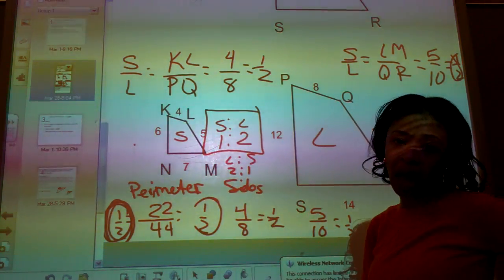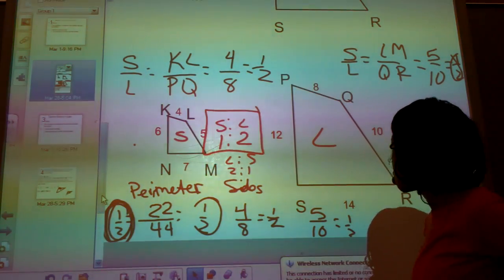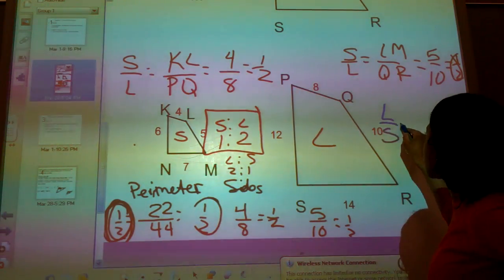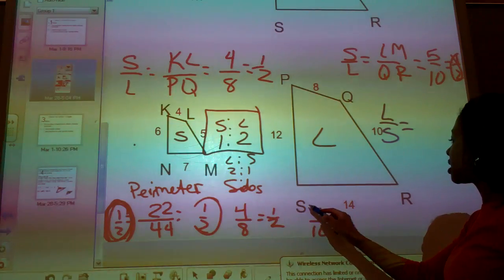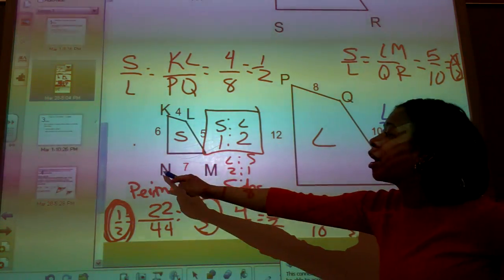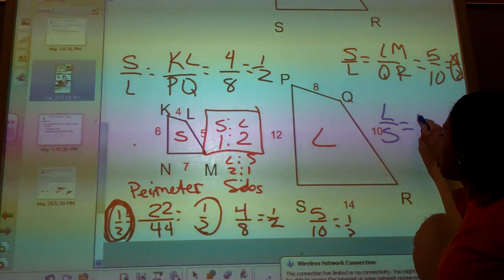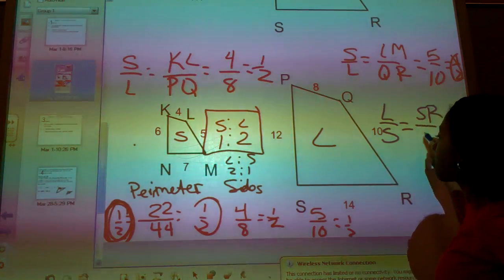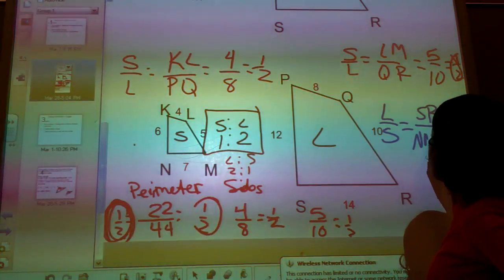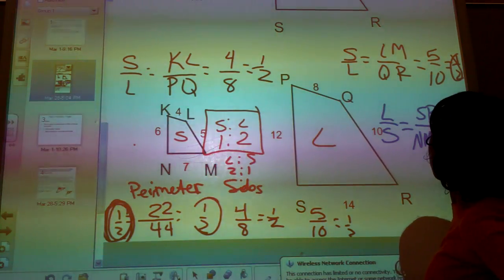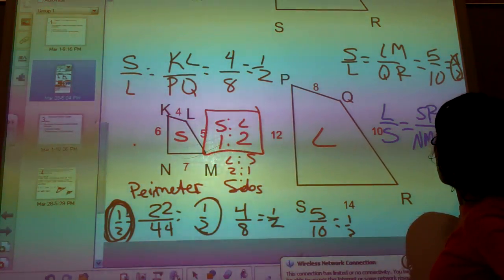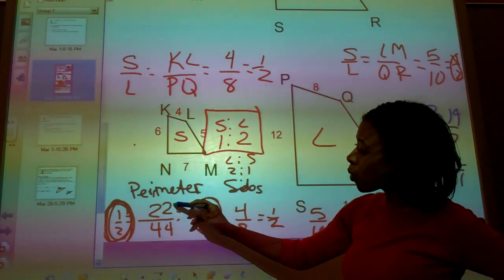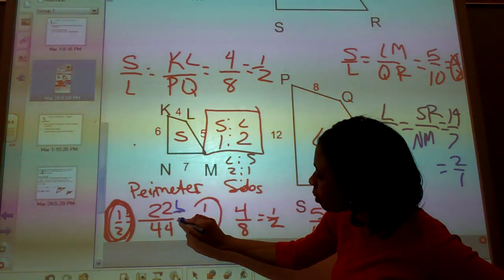Now, if I chose to go the opposite way, large over small, okay? Let's say I'm comparing SR to NM. SR over NM is going to be 14 over 7, which is equal to 2 over 1. That means if I were doing a perimeter, I would have to go large over small.